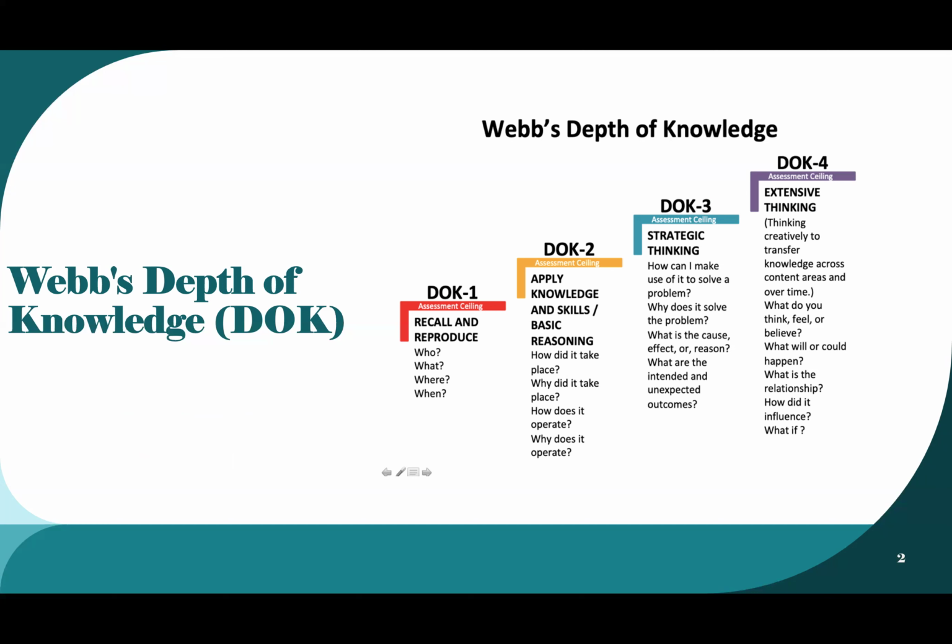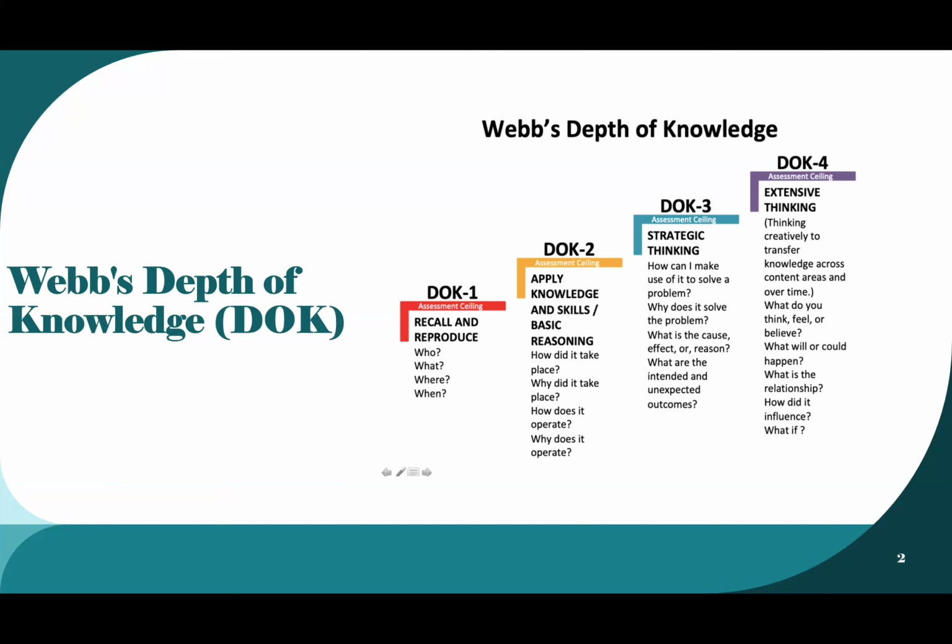The second level involves applying skills and concepts to solve problems, but with some structure or guidance. It may require students to make decisions or interpret information, but the task is still relatively straightforward. Thus, it is categorized as applying knowledge and skills with basic reasoning.